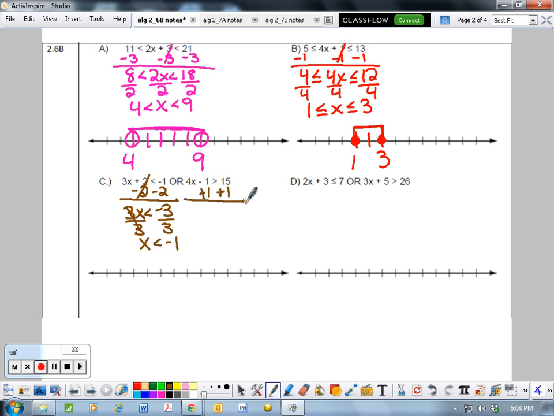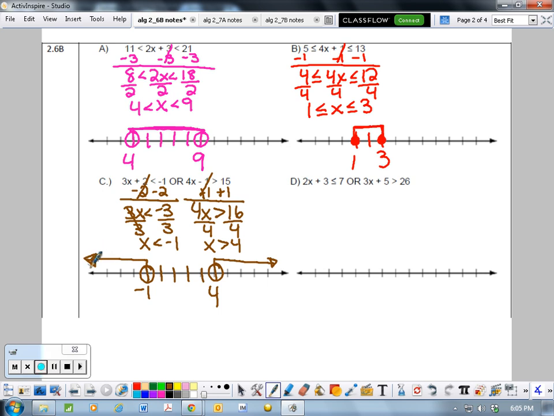So I add 1 to both sides. 4x is greater than 16, divide by 4. I get x is greater than 4. So I'm going to have my negative 1, 0, 1, 2, 3, 4. I want x is greater than 4, so open dot on 4, arrow towards the bigger numbers. X is less than negative 1, open dot on the negative 1, arrow towards the lower numbers.